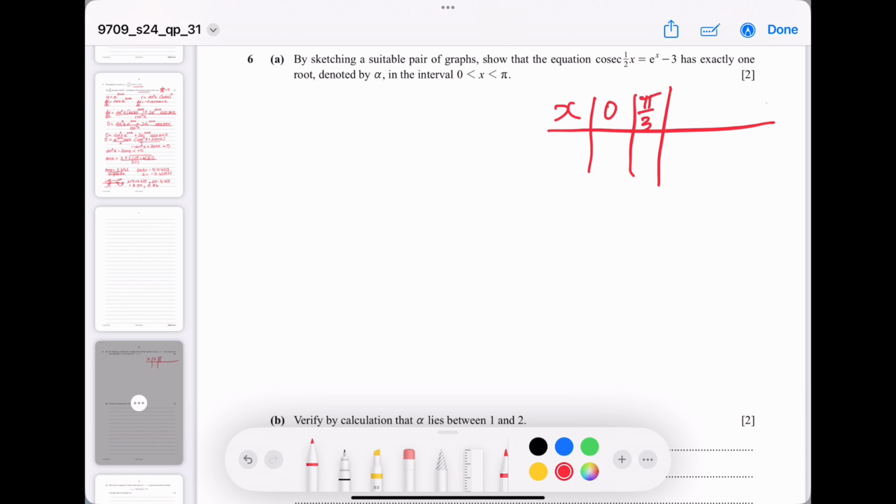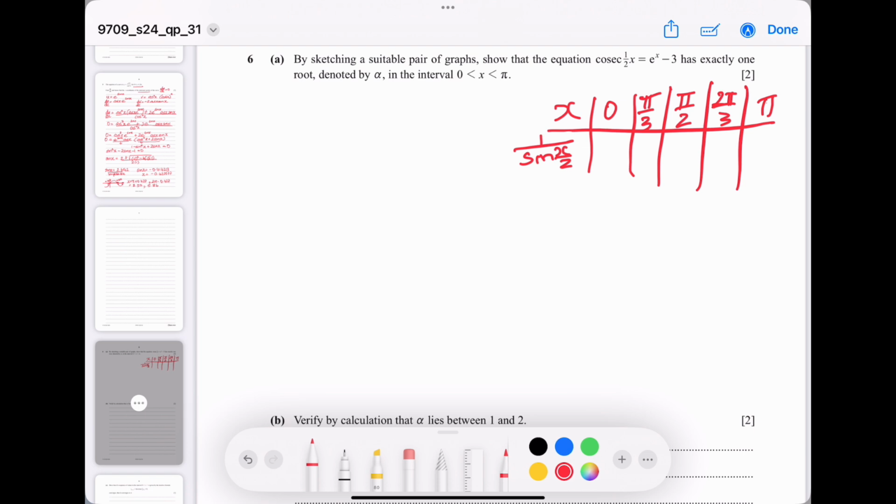Maybe I'll do pi over 3, pi over 2, maybe 2 pi over 3 and pi. So I'm finding 1 over sine. So sine of 0 we know is 0, so 1 divided by 0 is undefined.